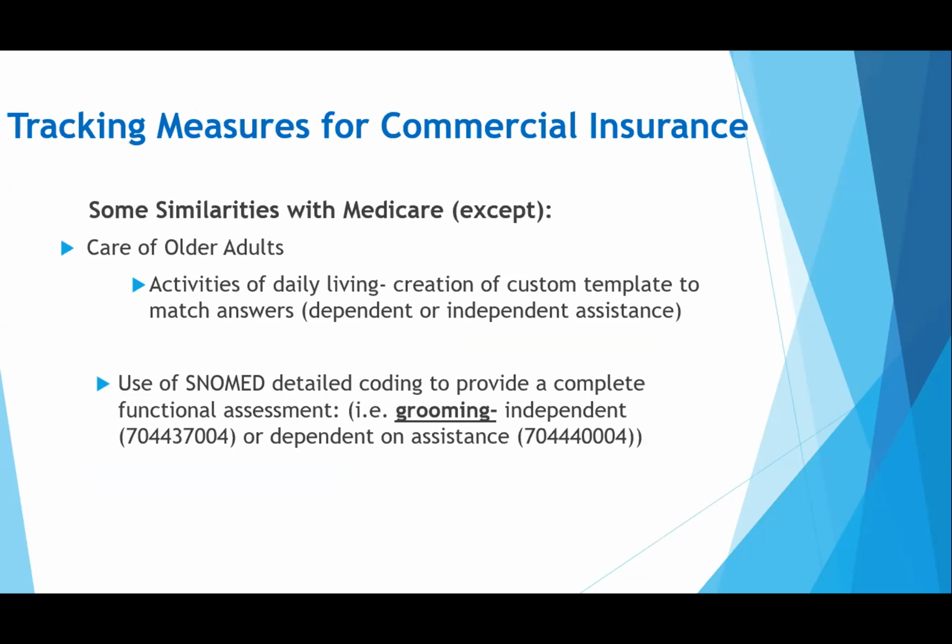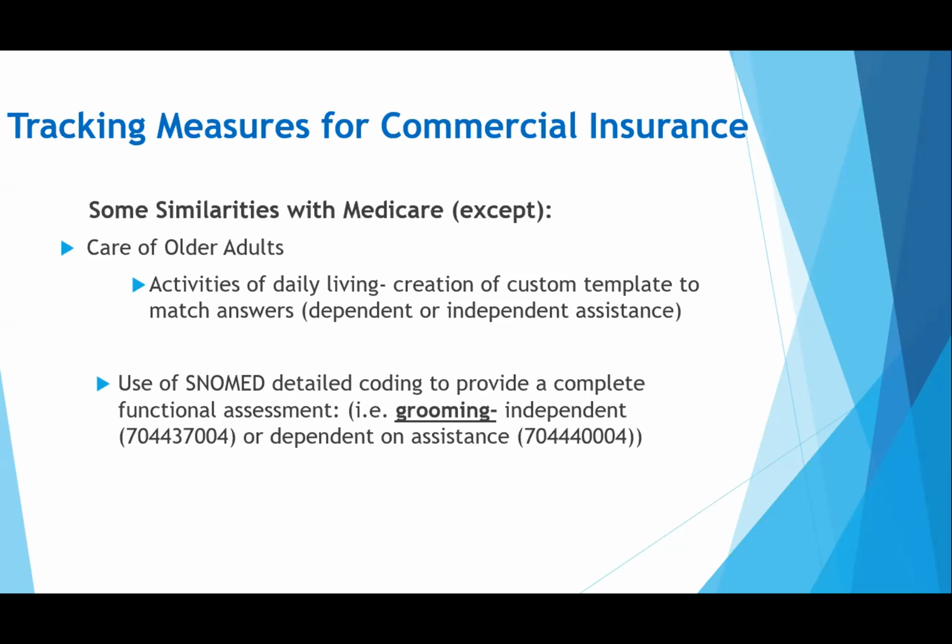For the other insurance plans, we look at some of the same measures, but one difference is for the activities of daily living. For the elderly patients, we're having to look at what can the patient do on their own independently, or what does the patient need assistance on? So granted, for someone who is bedridden, they can't do a lot of these activities without assistance from a caregiver.